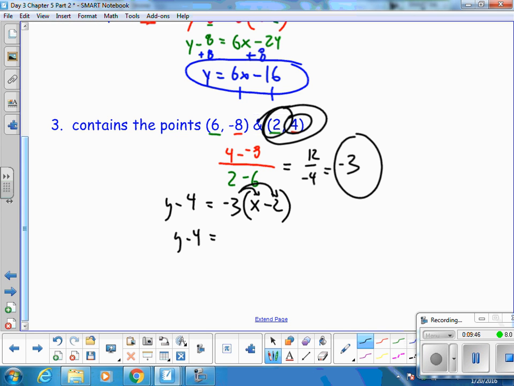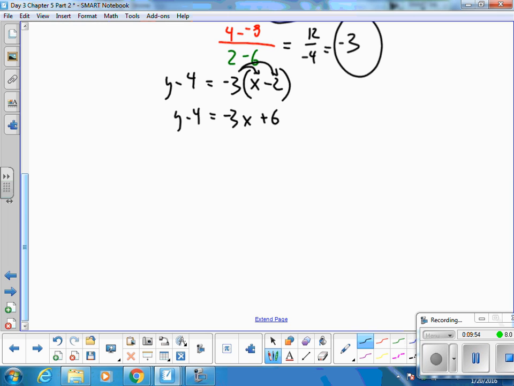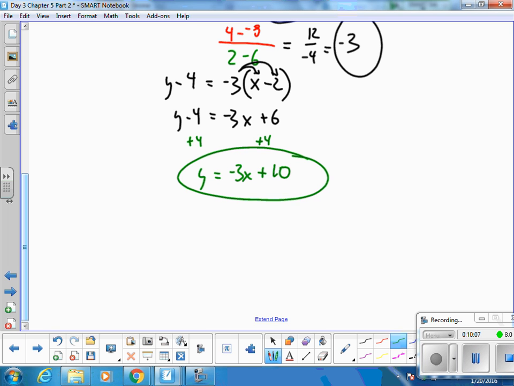This is when students tend to run into errors because they lose track of the negatives in here. So please do not let that be you. Continue to simplify. y equals negative 3x plus 10. There's my equation in slope-intercept form.